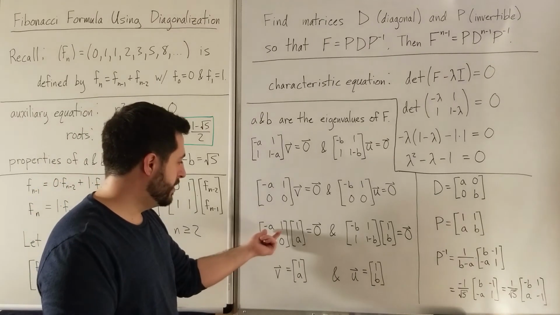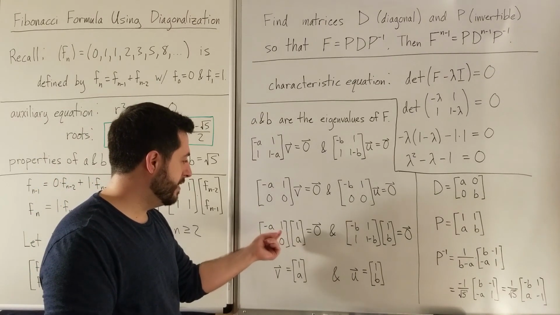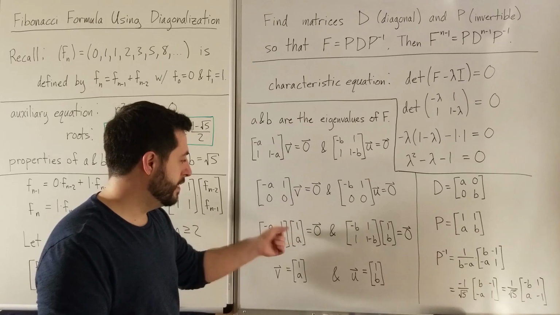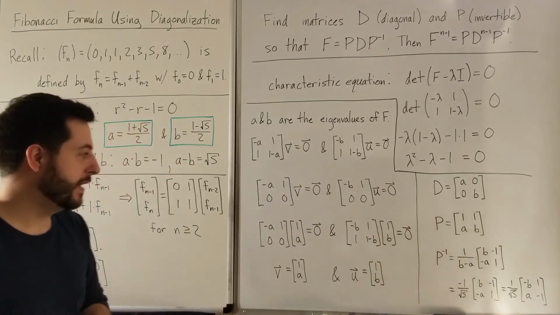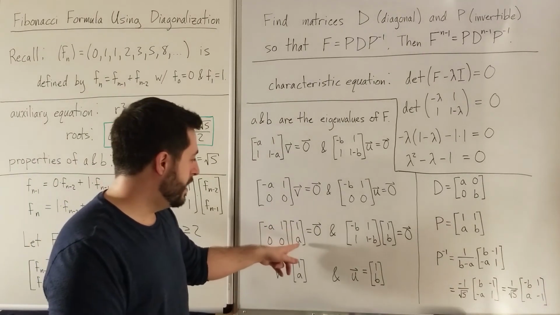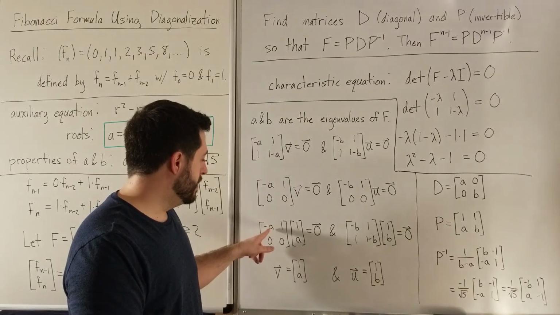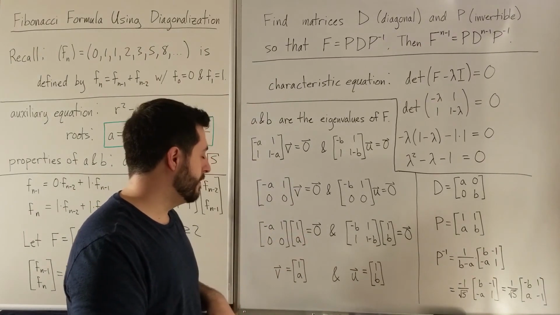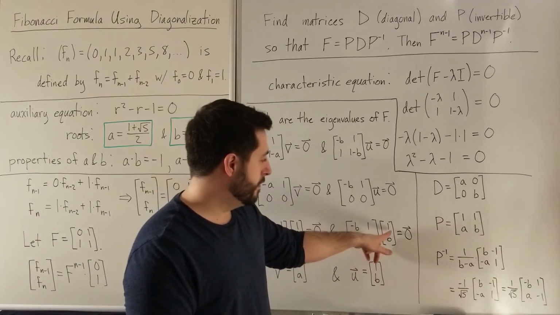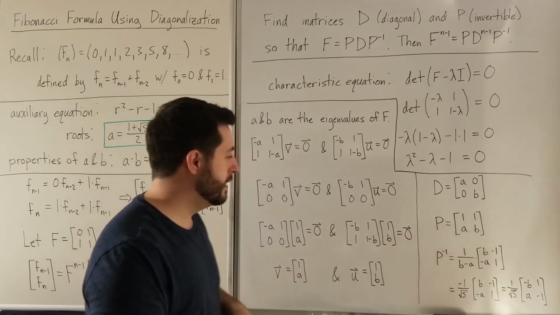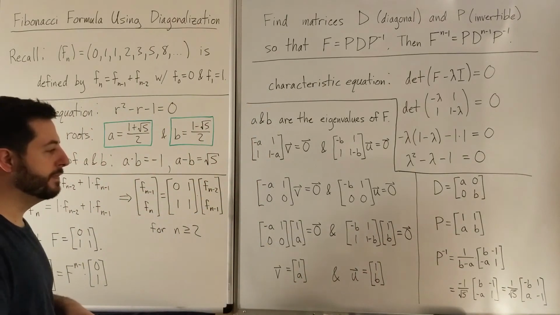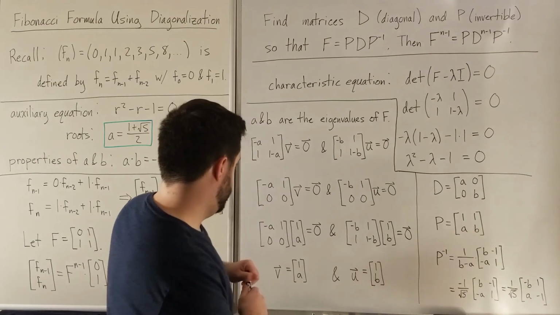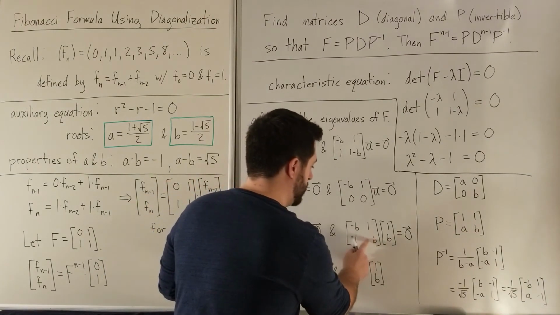Okay? So we've switched, the first one is negative a, the second one is 1. We've switched them, and I've negated the negative a back to positive a. Okay? So (1, a) with this matrix multiplied by it is going to give us the 0 vector. Okay, very similar over here. (1, b) is the eigenvector that we want for this matrix. Okay, and again, I meant to put zeros in this second row.